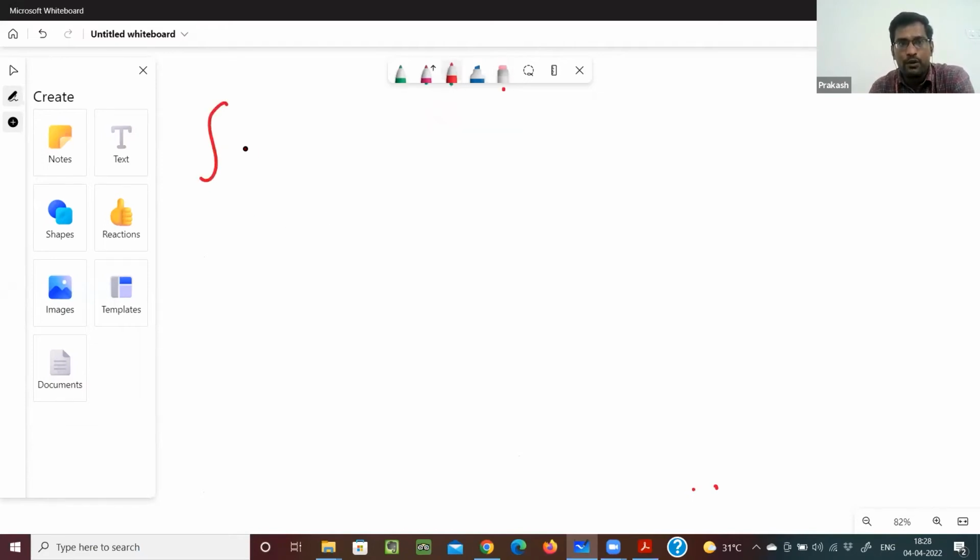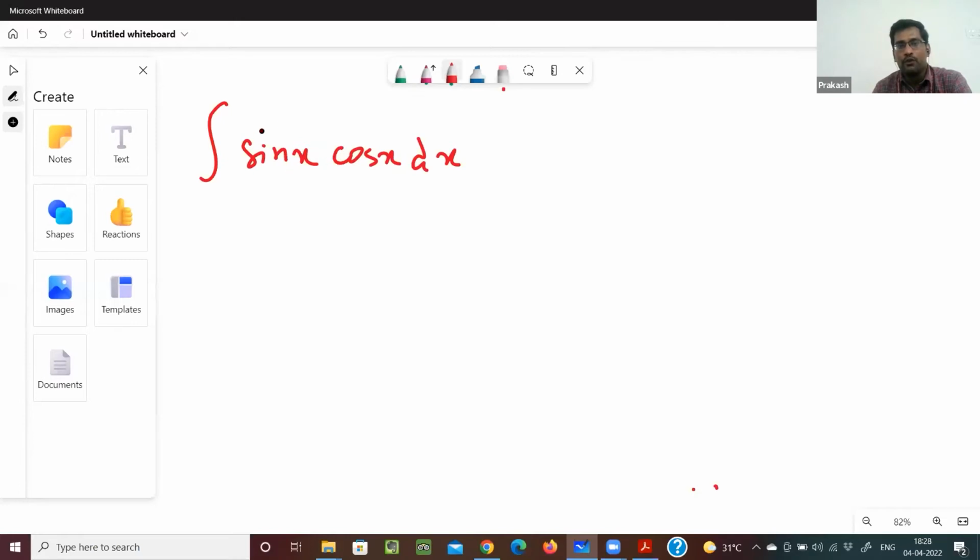Here you see I am taking the integral of sin x into cos x dx. Now you see this f of x involves a sine function and a cosine function. But if you know the identities, we can easily evaluate this integral. Otherwise, it is very difficult. We can't write the series expansion of sin x cos x; it will take a lot of time.